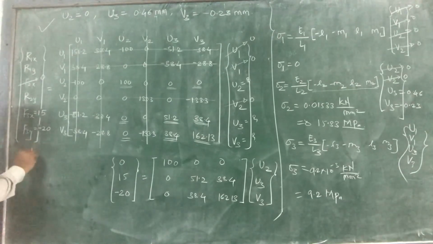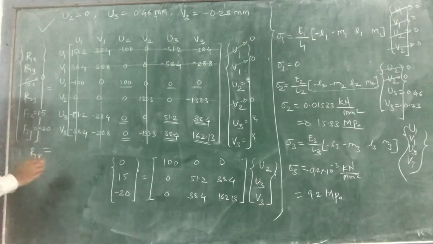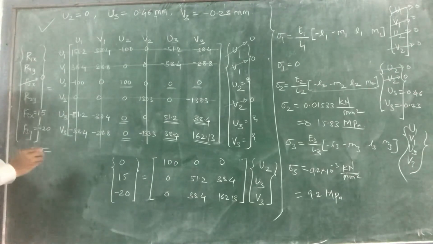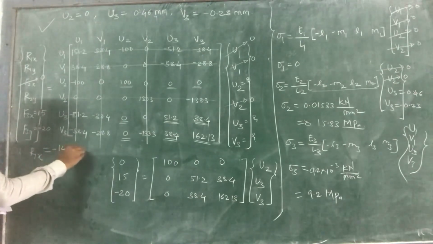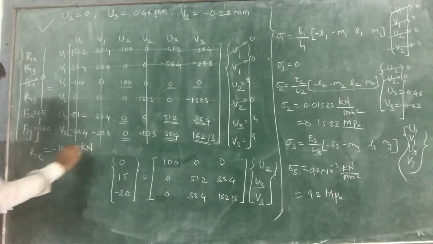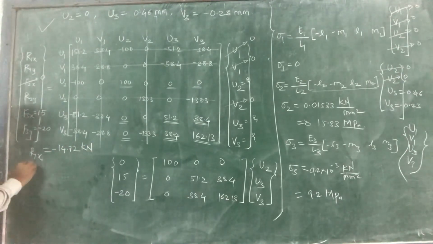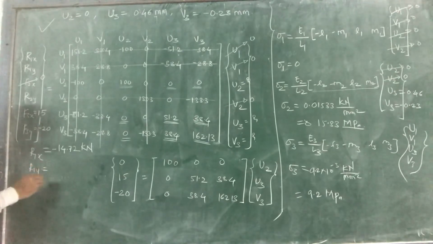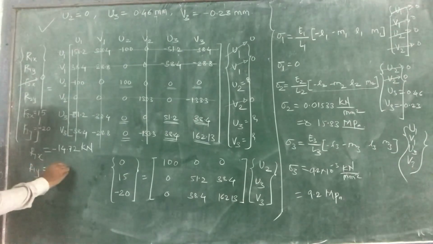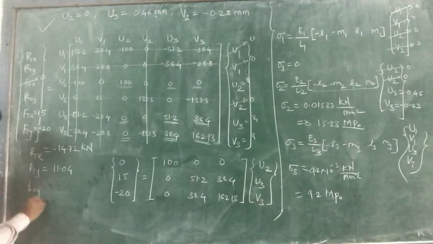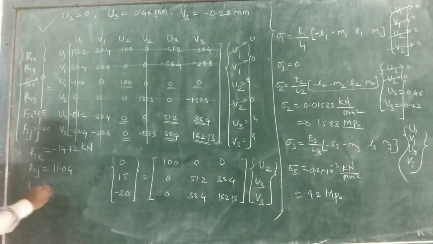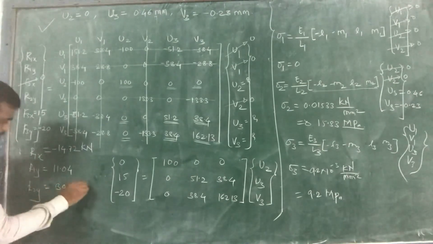So these values are: R1x is equal to minus 14.72 kilonewton. Then R1y is equal to 11.04 and R2y is equal to 13.65.